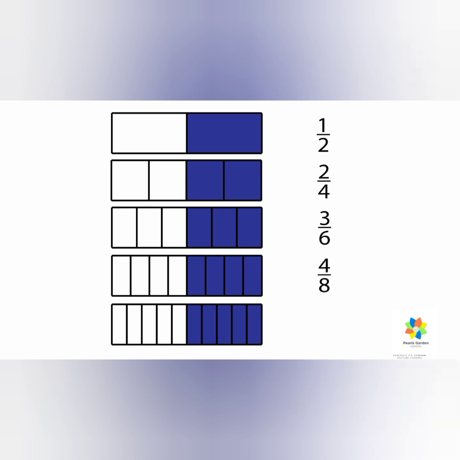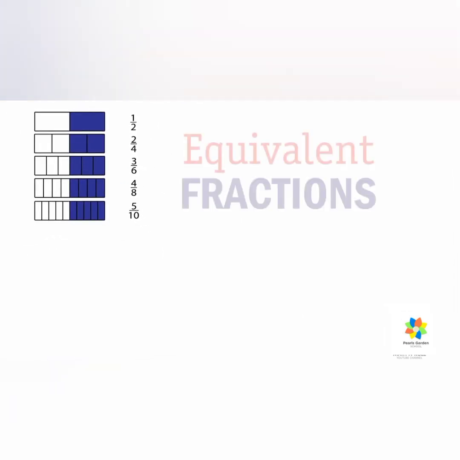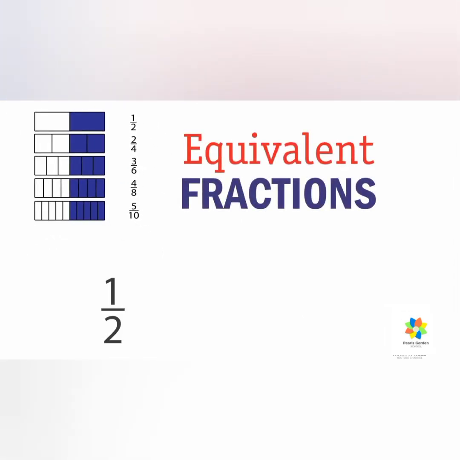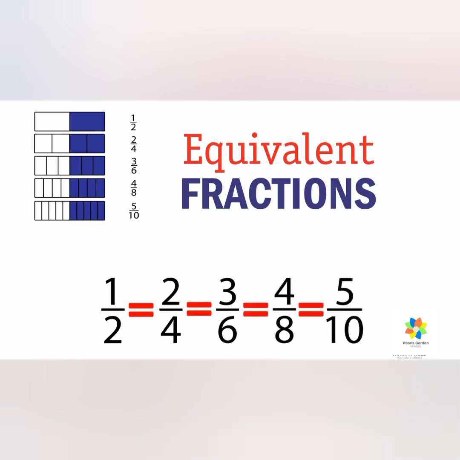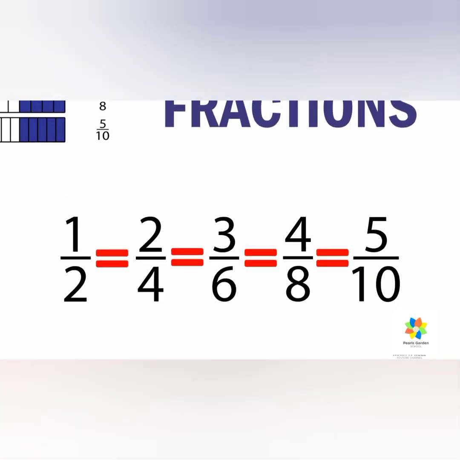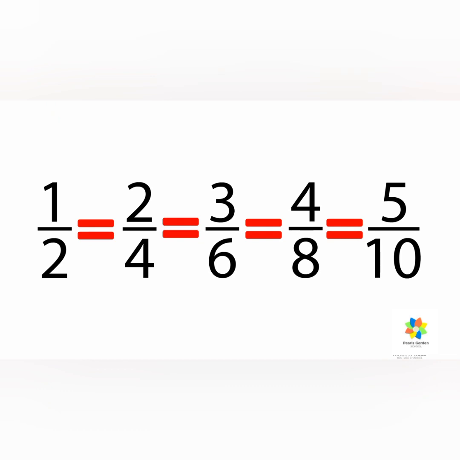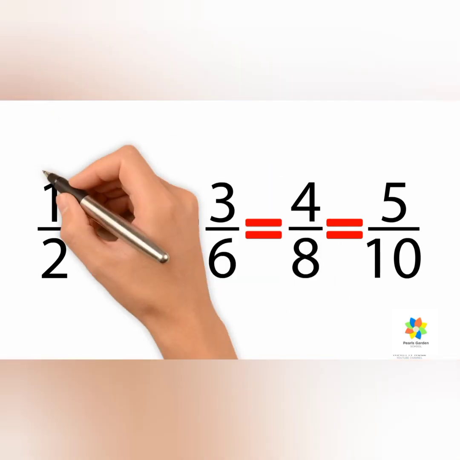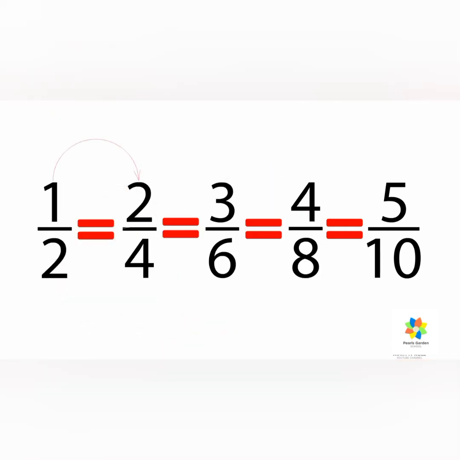Let's take you on a journey to finding out more about equivalent fractions. Ta-da! I was expecting the drum roll. Okay, let's go straight into it. Now, we all agree that 1 over 2 is equal to 2 over 4, and it goes on that way. How come?